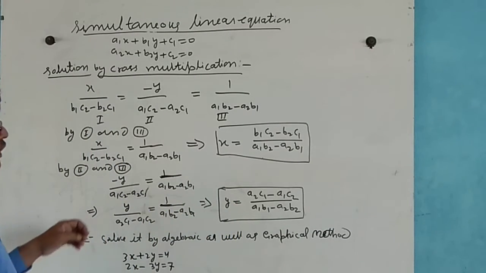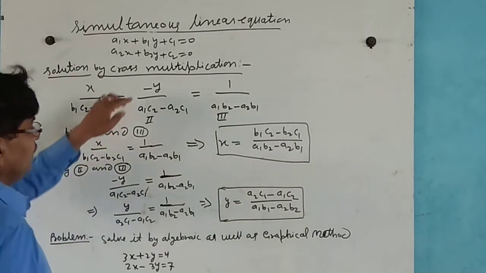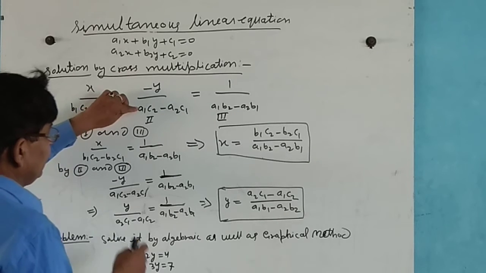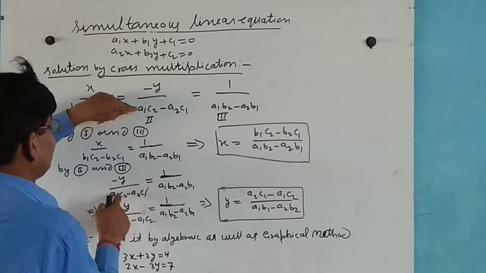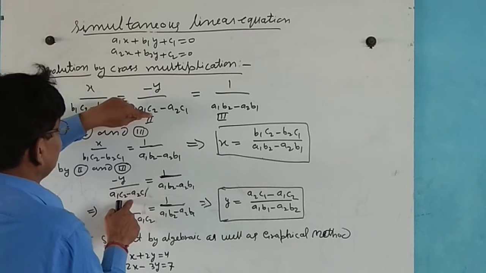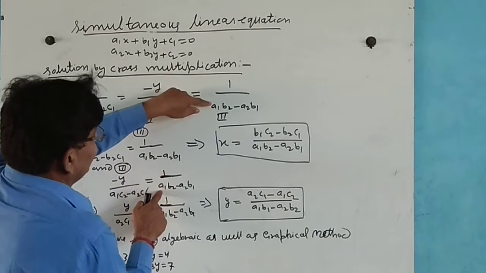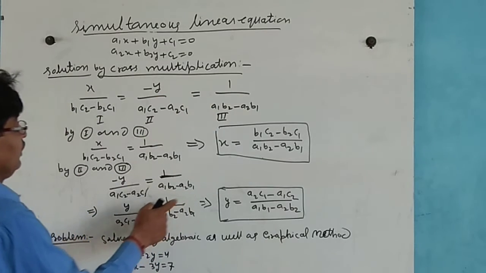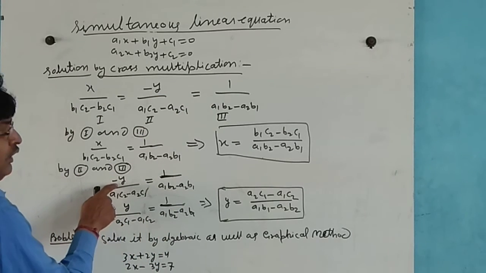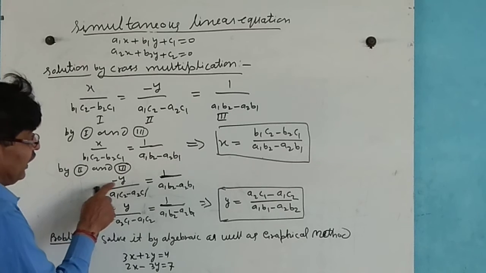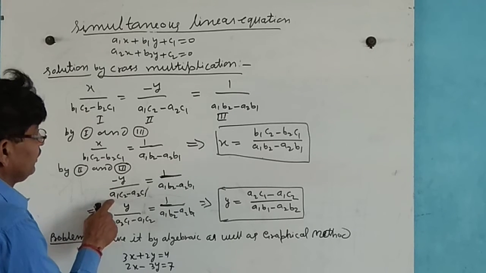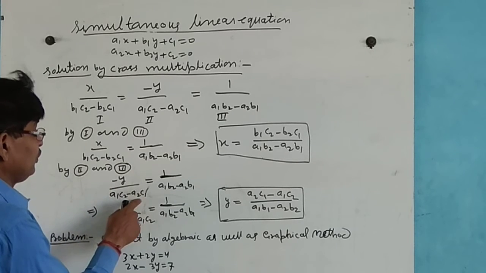And similarly, minus y by a1 c2 minus a2 c1 equal to 1 by a1 b2 minus a2 b1. Also, this minus sign changes these positions.